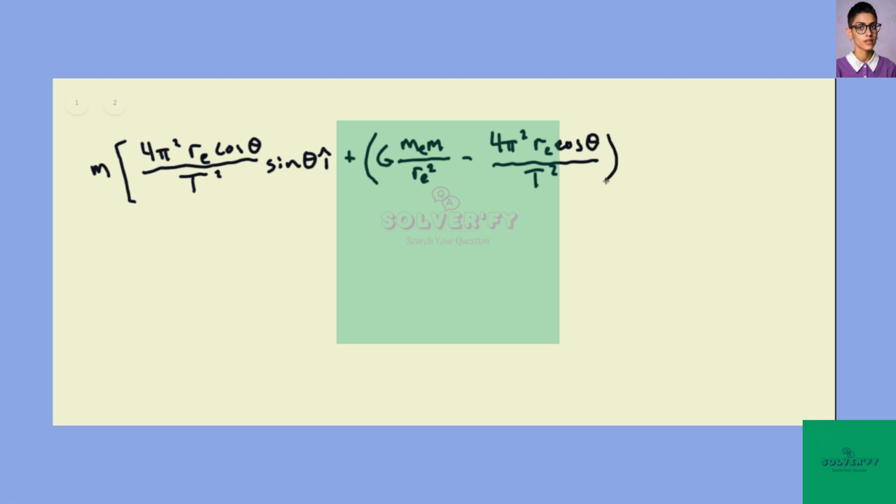And so we can put in some numbers for these things. So this is equal to m times 1.687 times 10 to the negative 2 meters per second squared in our i hat direction, which recall is parallel to the surface of the Earth at this point.